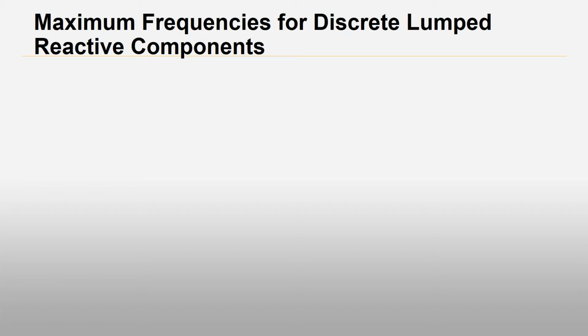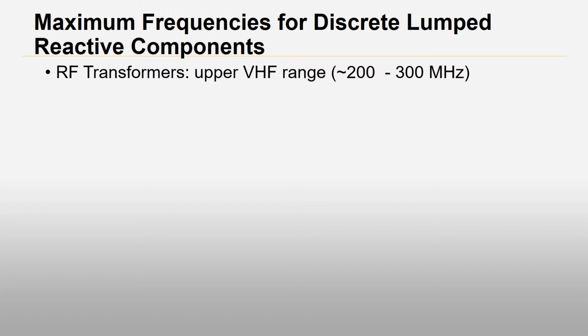In this slide, I'll attempt to quantify the maximum frequencies for certain discrete lumped reactive components. For RF transformers, it's very hard to find ones that will work above the upper VHF range, say 200 to 300 megahertz. For RF inductors, 2 to 6 gigahertz is about the maximum.